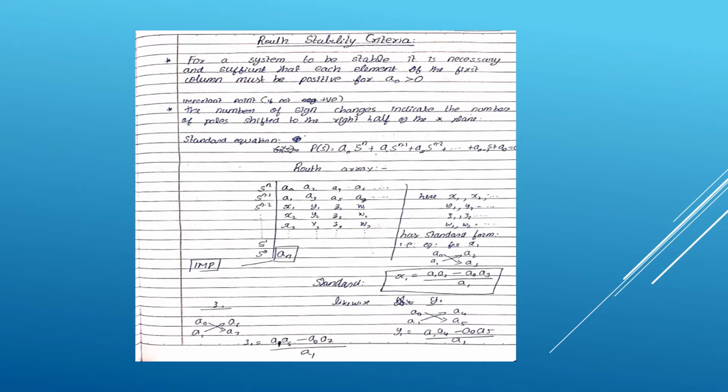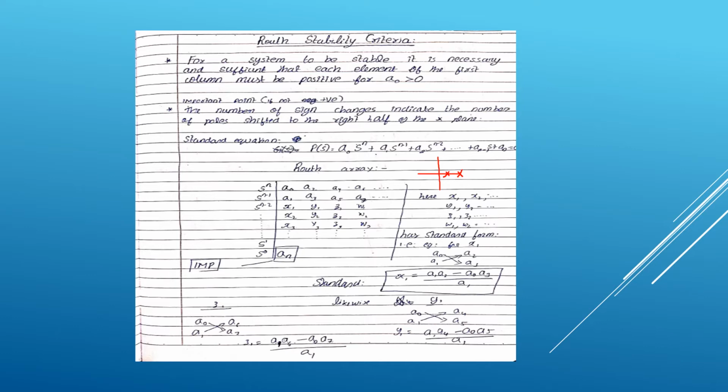That is, if the number of sign changes is 2, then there will be two poles in the right half of the S plane, which makes the system unstable.